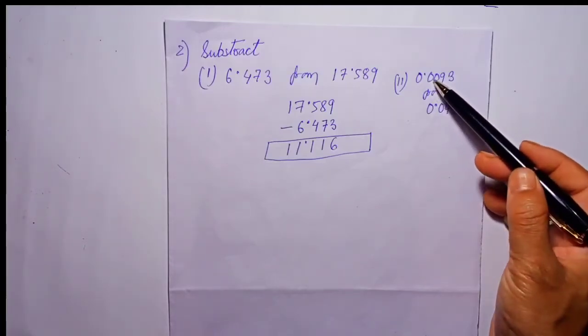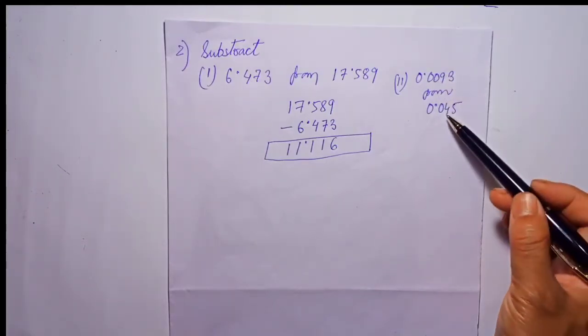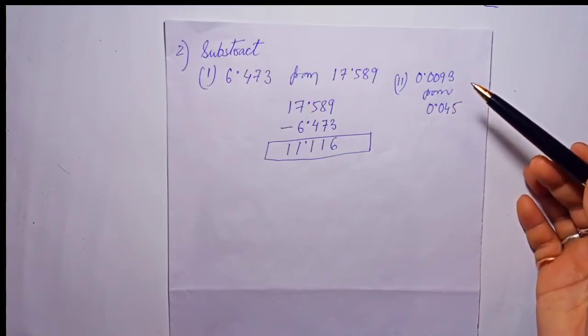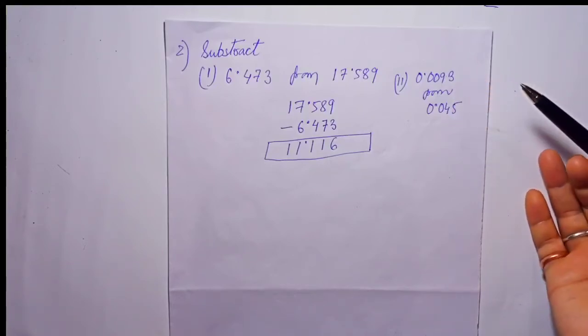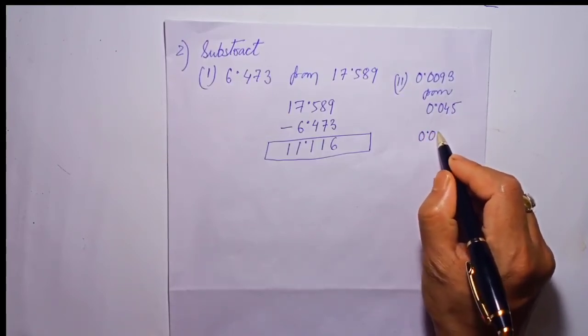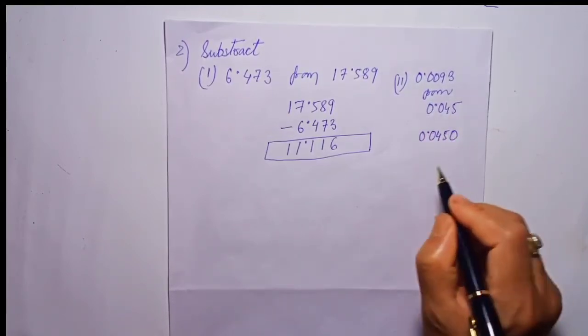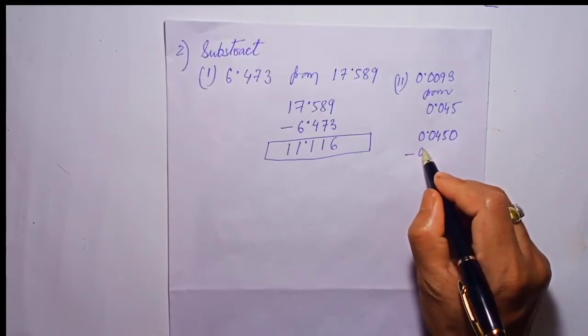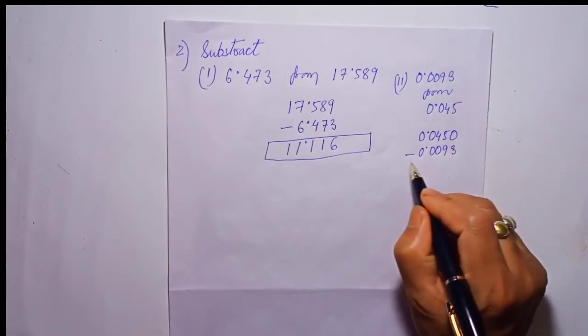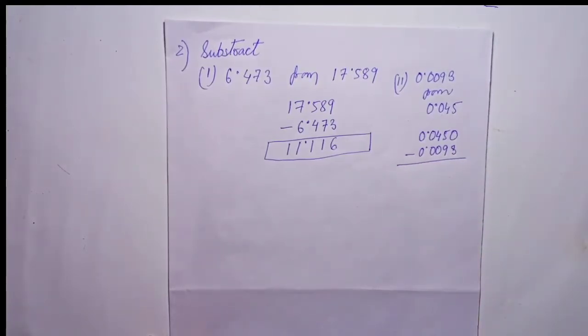No, one is holding 3 decimal places, the other 4 decimal places. So we have to make all the numbers hold 4 decimal places. Now since this is the bigger number, 0.0450 minus 0.0093. You simply subtract this.